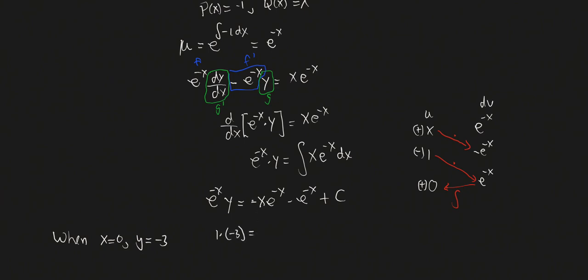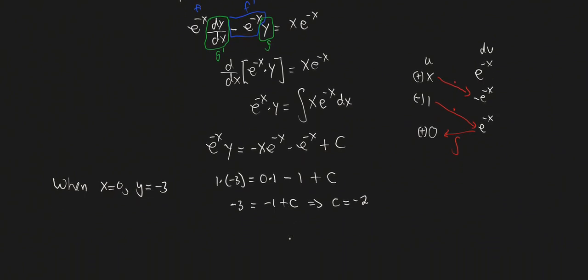In addition to that, I have a factor of x here, which is a 0. So all that's really good. And then plus c. So we have a -3 on this side, and then we have a -1 plus c on that side. So this implies that c is equal to -2, right?